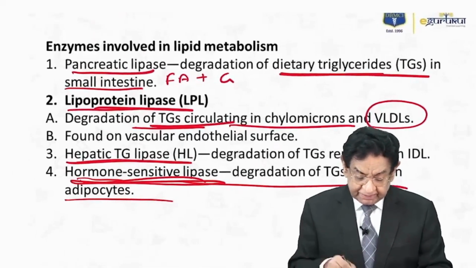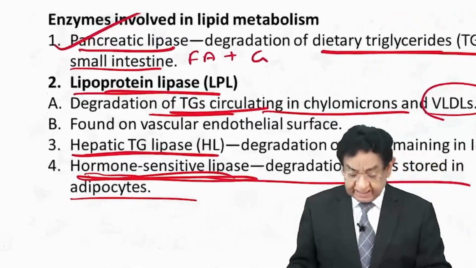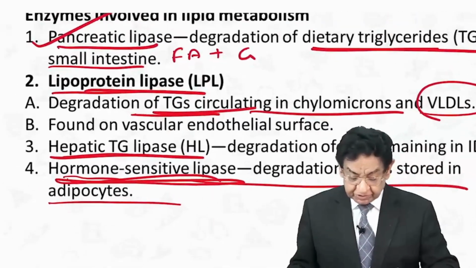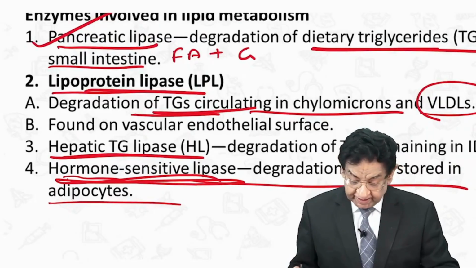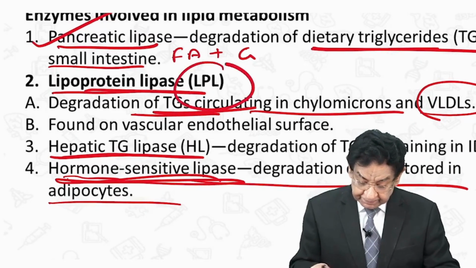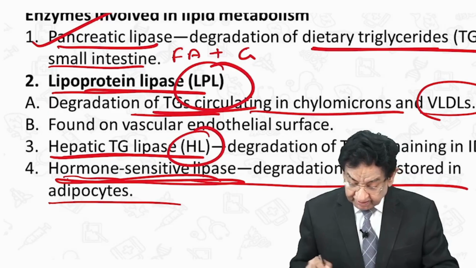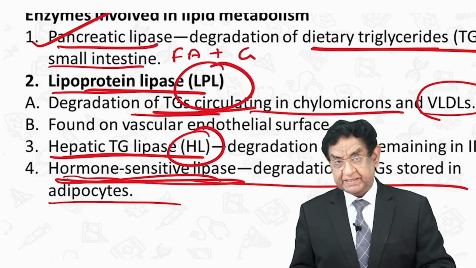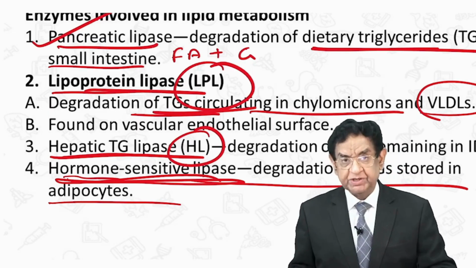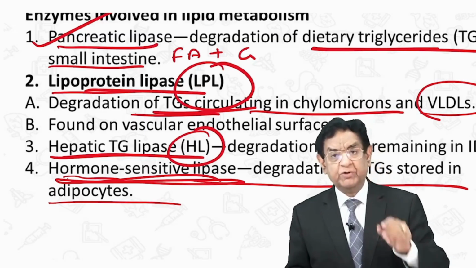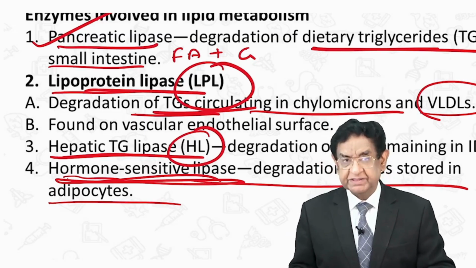So other than the pancreatic lipase which is in the intestine, in the blood we have three things. We have LPL, then we have HL, and we have hormone sensitive lipase. Three lipases are in the circulation also. All these are going to break down triglyceride.